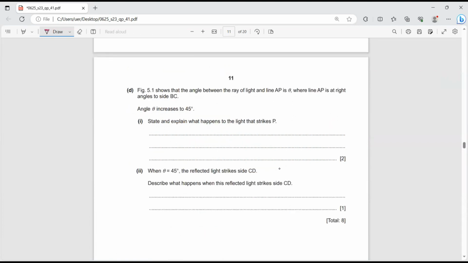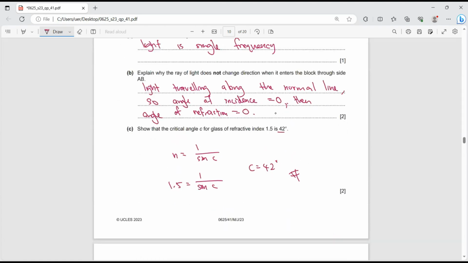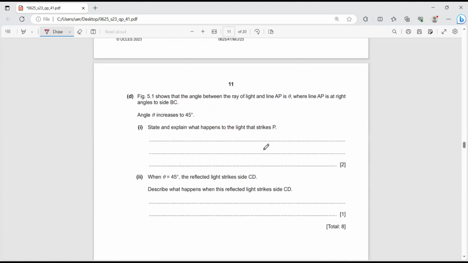Question 5.1 shows the angle between a ray is theta. The theta increases to 45 degrees. What happens to the light that strikes P? The critical angle is 42, so it is now greater than your critical angle.